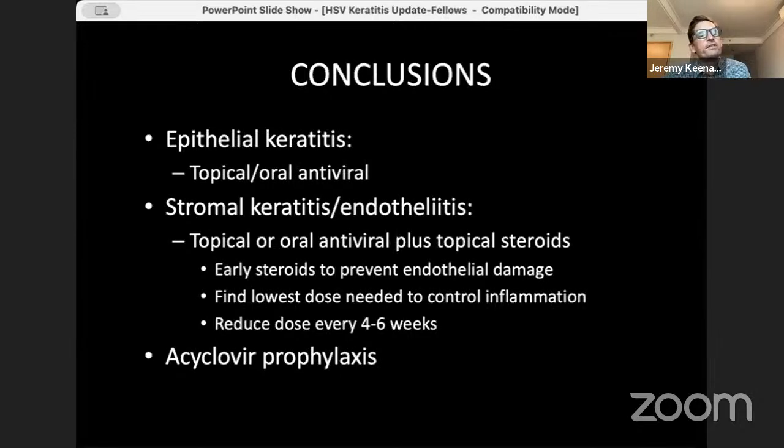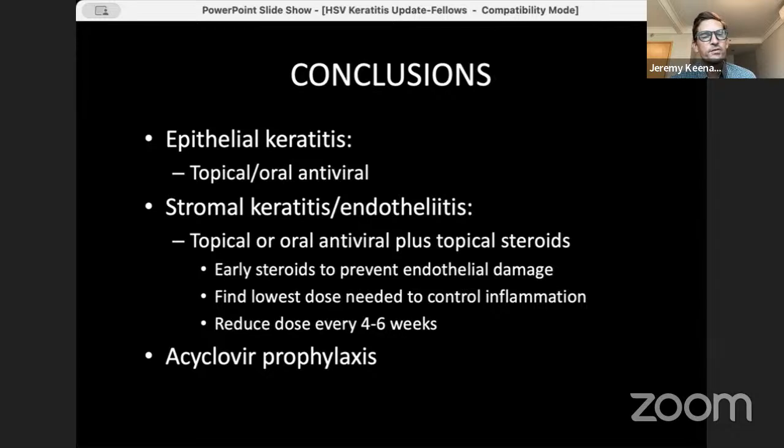So the conclusion, just in terms of treatment for these conditions, is that when we have a dendritic epithelial keratitis, we usually debride the lesion and use an oral antiviral. You can also use topical agents. For stromal keratitis and endotheliitis, we're using oral antivirals plus a topical steroid.